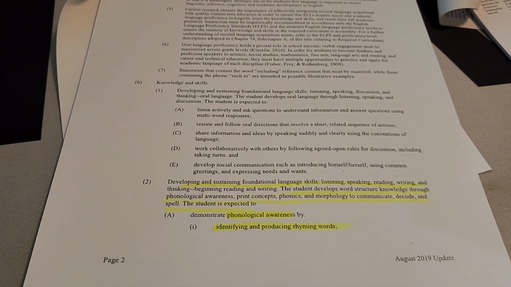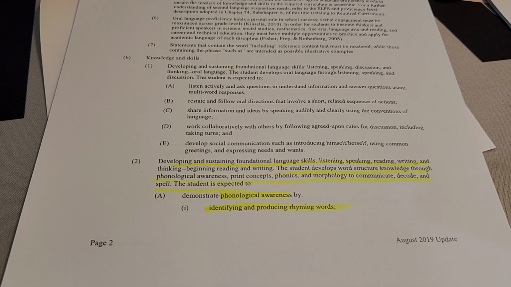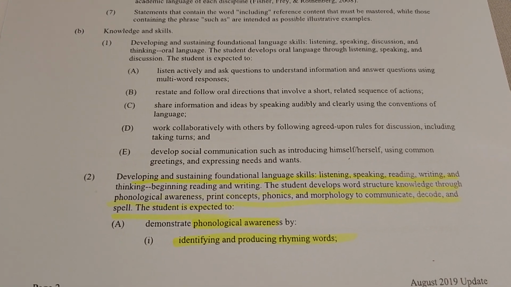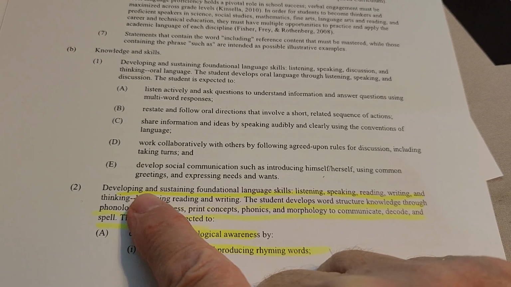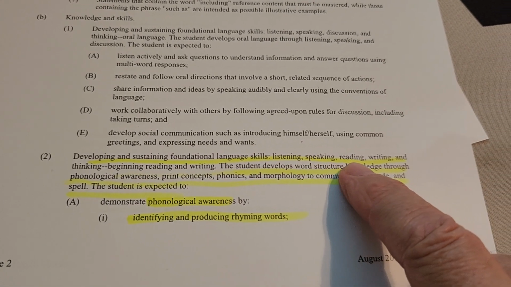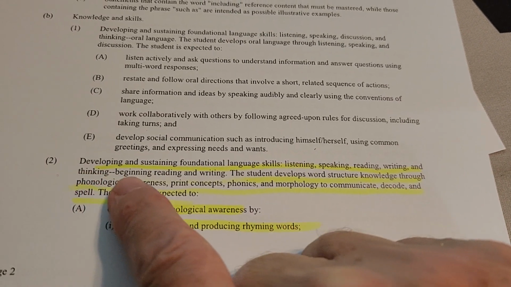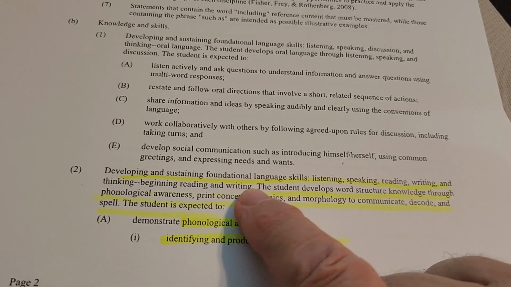So here you have page 2 from the English Language Arts EC6 TEKS. You can look at the second one, and it tells you right there: developing and sustaining foundational language skills related to the 4 domains of listening, speaking, reading, writing, and thinking, which is like a 5th one, for beginning reading and writing.